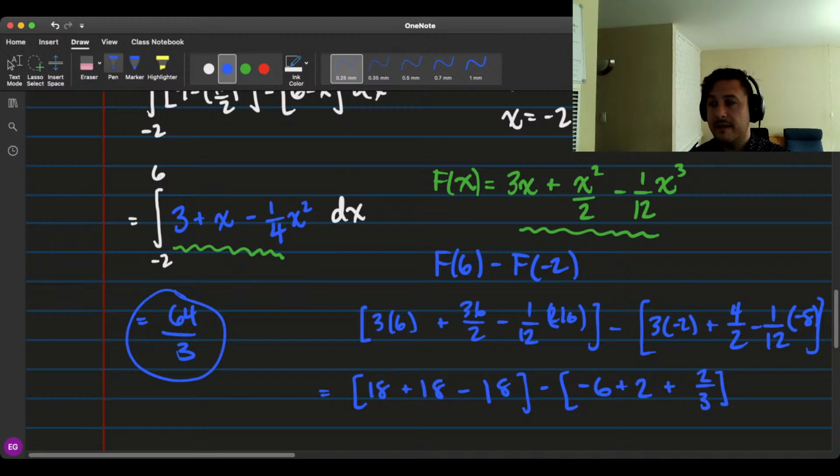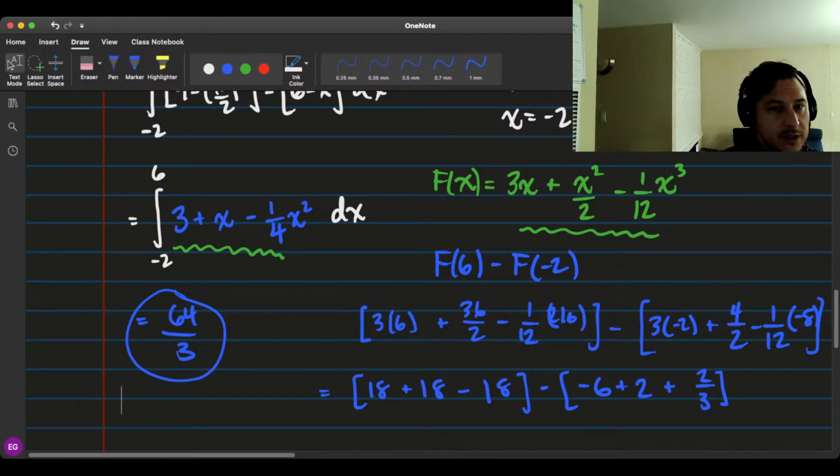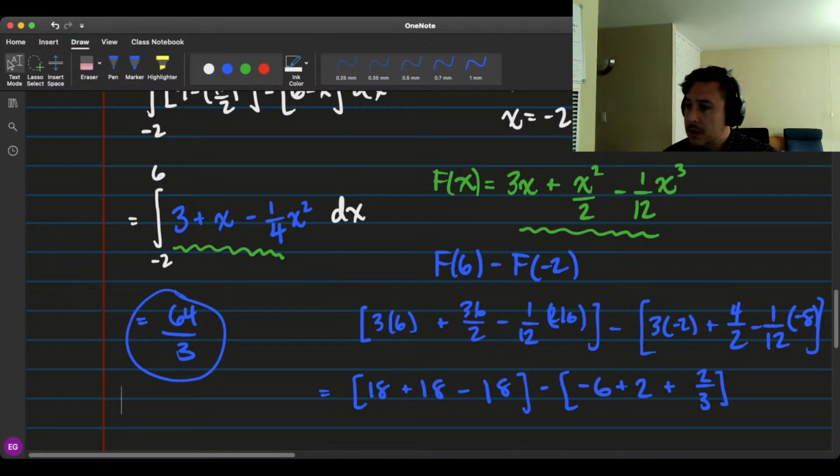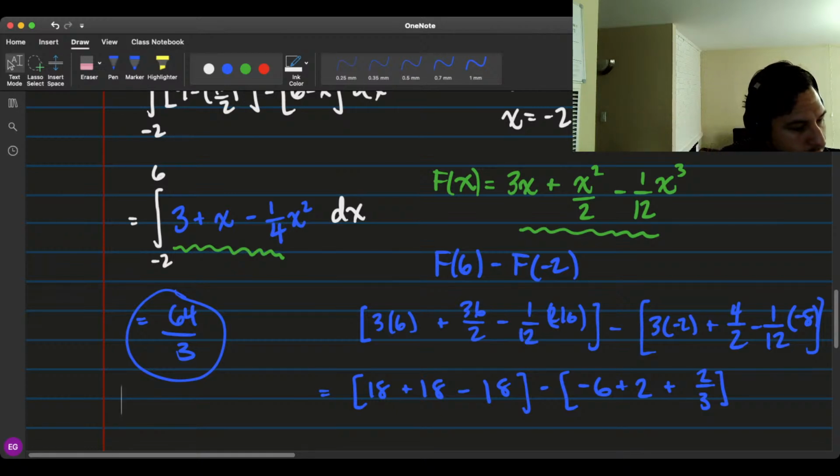Are there any questions about finding the antiderivative or how I use the fundamental theorem of calculus? Or is that making sense to everyone so far? I'm going to pause and let you think about it for a moment. Are there any questions about drawing the diagrams?